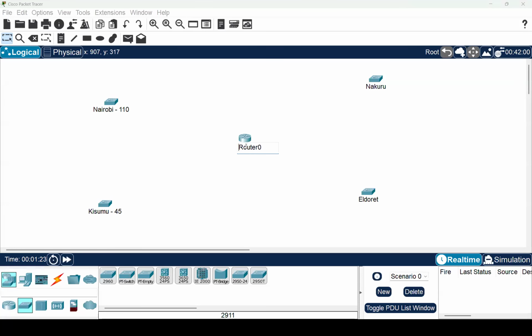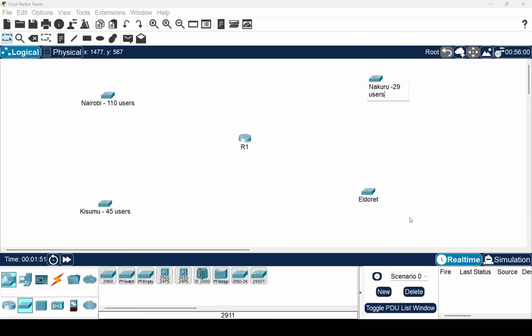Yes, we can. Okay. So I'm saying that we have this router one here for now. So we have four branches. We have Nairobi, which has 110 users. This number here is just to keep this simple. Then Kisumu here has 45 users. Then say Nakuru here, we have maybe 29 users.